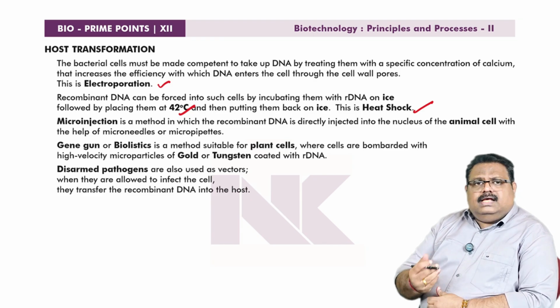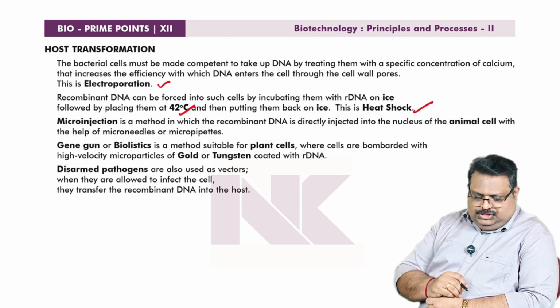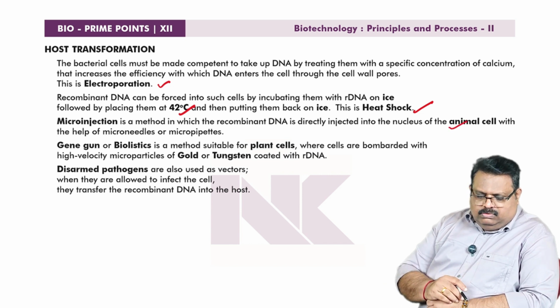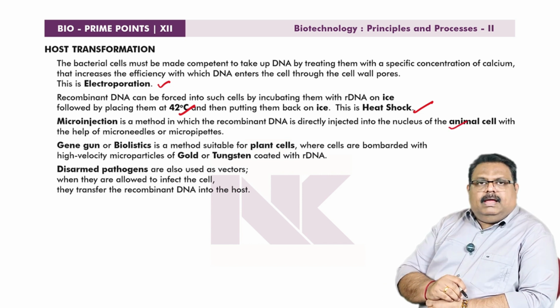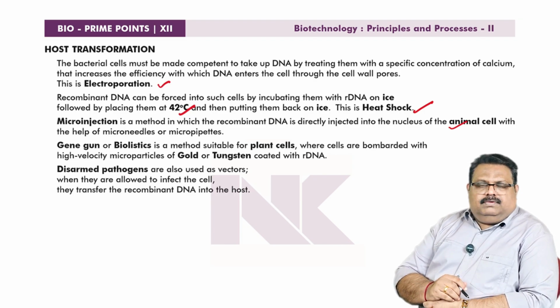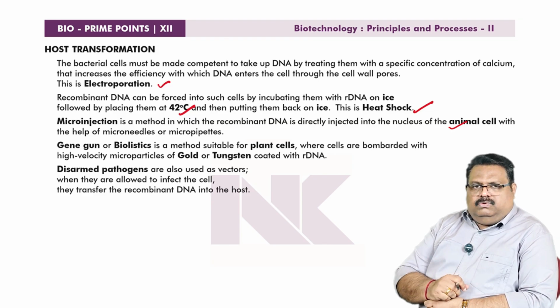Okay. Then there is another method in the case of animal cells, a method called microinjection, in which the recombinant DNA is directly injected into the nucleus of the animal cell by using a microneedle or micropipette. It's a direct injection of recombinant DNA into the animal cell nucleus, called microinjection. And if the host cell is a plant cell, a direct injection is not possible.